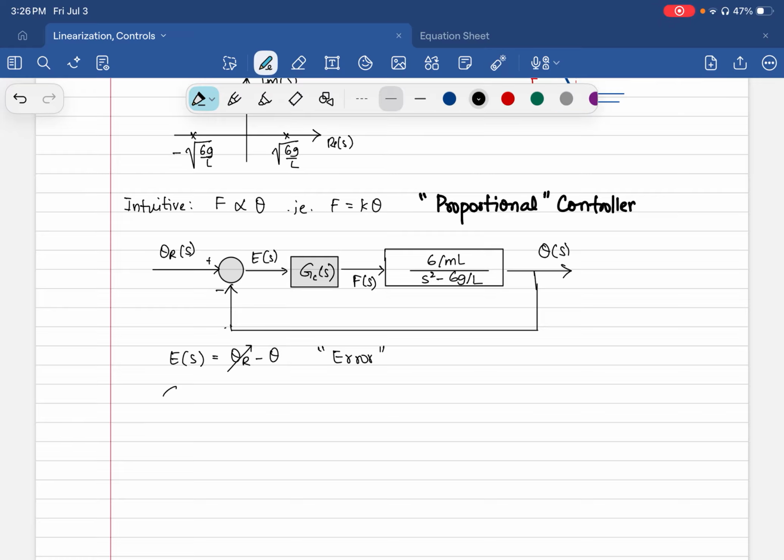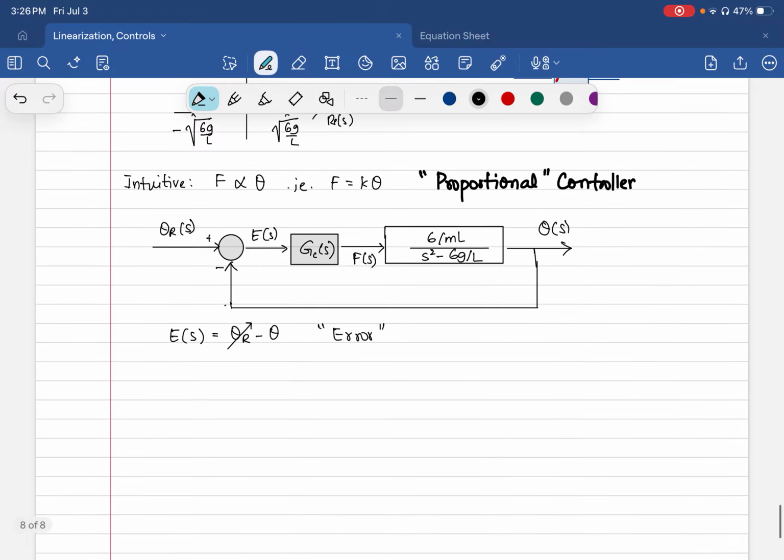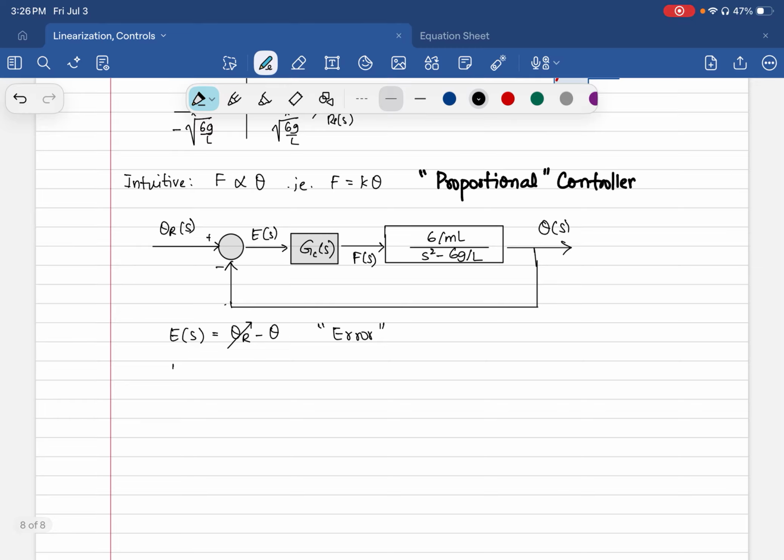And we essentially have then that this is equal to GC of s times this here theta of s, giving us F of s is equal to minus k theta of s.